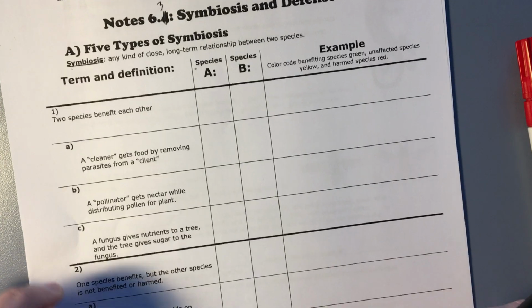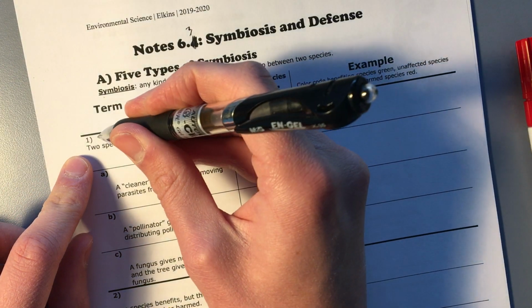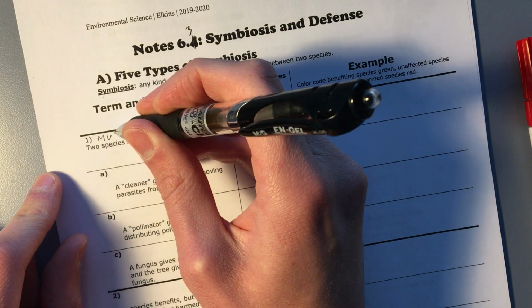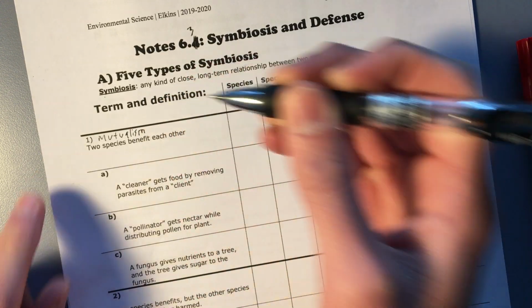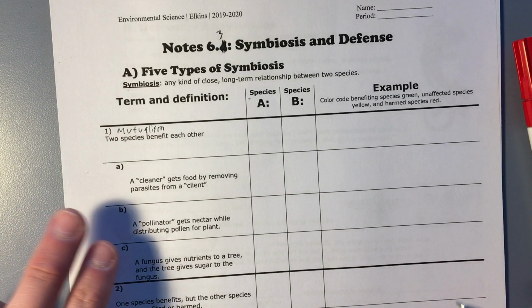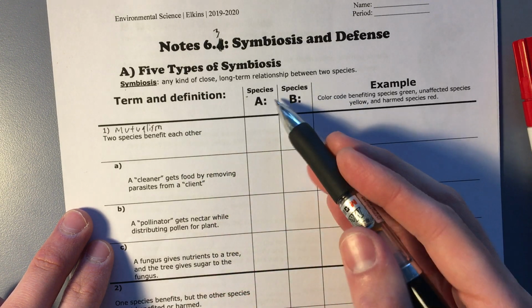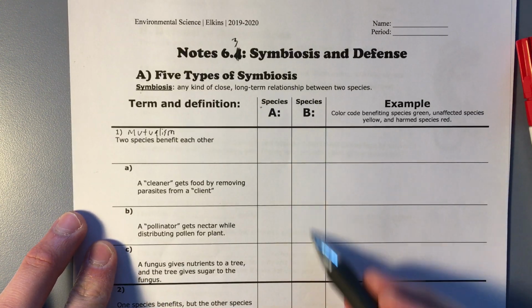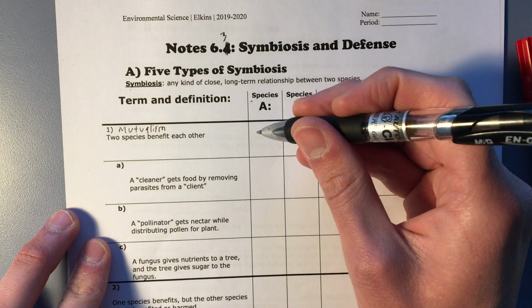So, okay, let's look at our first type of symbiosis, and that is mutualism. Mutualism, okay? So mutualism is when two species benefit each other. So up here, I have species A and species B. We're going to be comparing how those species work together by drawing little pictures here.